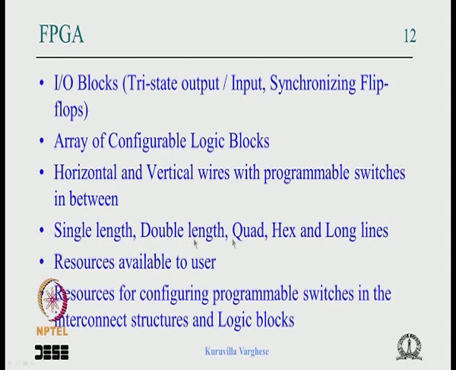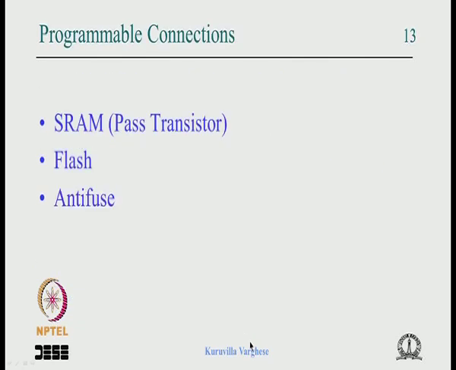It depends, as I said, on the statistics of how spread out the circuit or the connections are. There are resources available to the user in terms of logic blocks, memory, PLLs and so on, and there are resources for configuring the programmable switches in the interconnect structures and logic blocks. We will see what there is to configure in a logic block, and this is where we stopped.